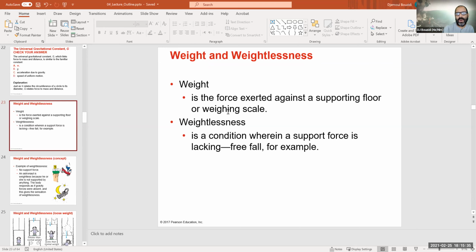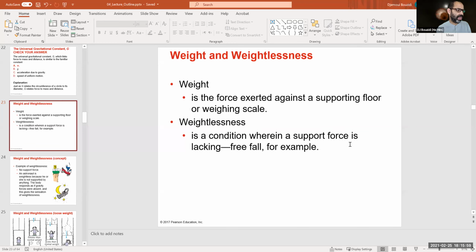Okay, weight is the force exerted, and I think we talked about this. That's mg, mass times gravity. Weightlessness is a condition wherein the support force is lacking. The way we check our weight is we stand on a scale, and that scale gives us the support force. If there is no support force, then we feel weightlessness. We never really feel our weight at all.